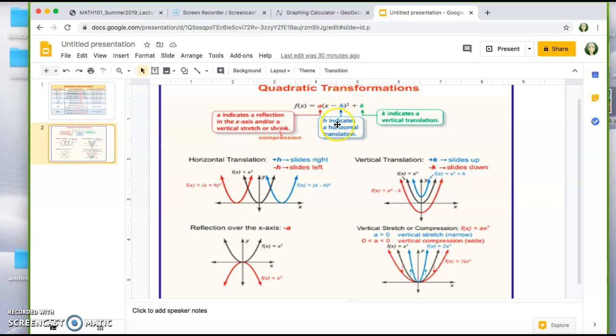A constant on the inside reflects a horizontal translation, and a constant on the outside is a vertical one. So if our original equation is f of x equals x squared, adding a constant inside the function moves it to the left. If we subtract a constant inside the function, it moves to the right. And if we add a constant on the outside, it moves up or down. So let's take a look at our first problem.